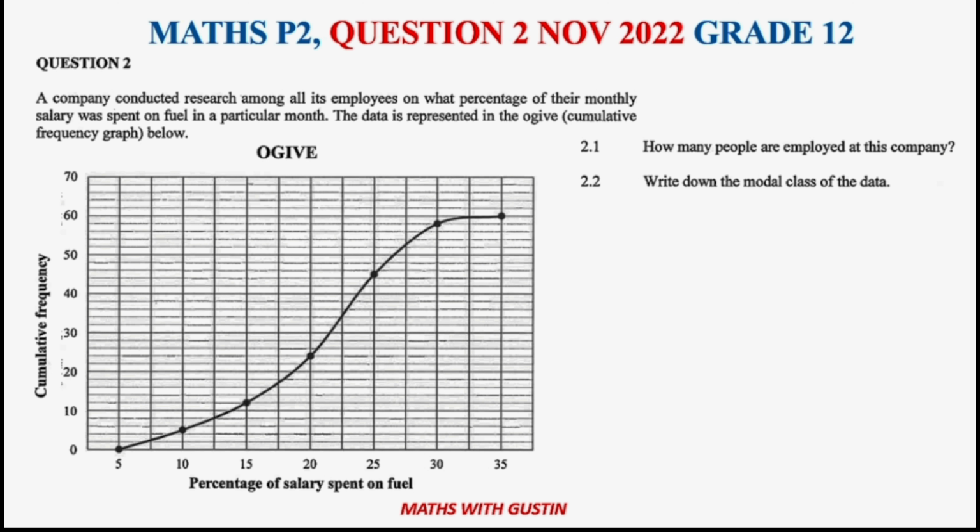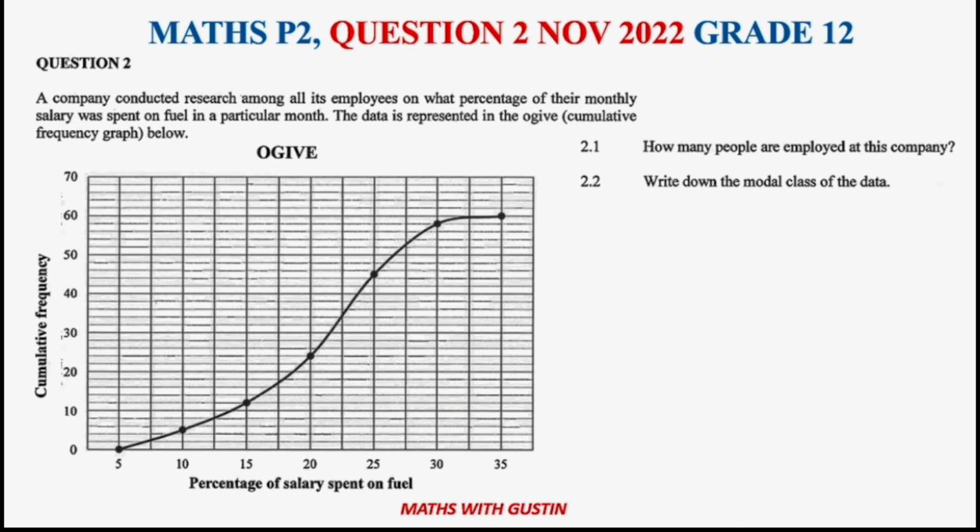It says here that a company conducted research among all its employees on what percentage of their monthly salary was spent on fuel in a particular month. The data is represented in an ogive, a cumulative frequency graph below.